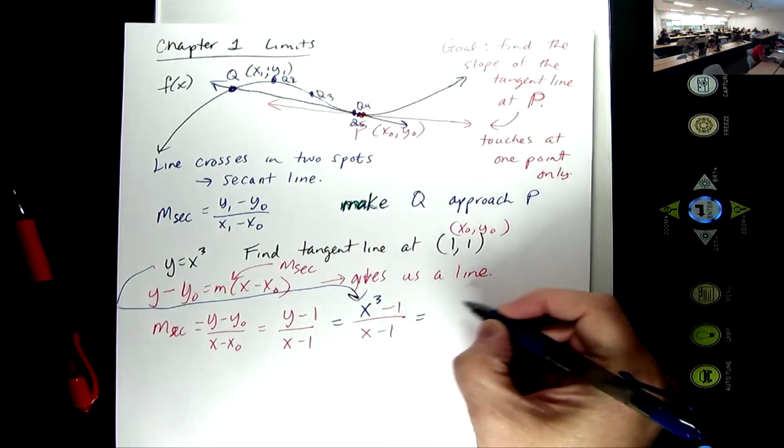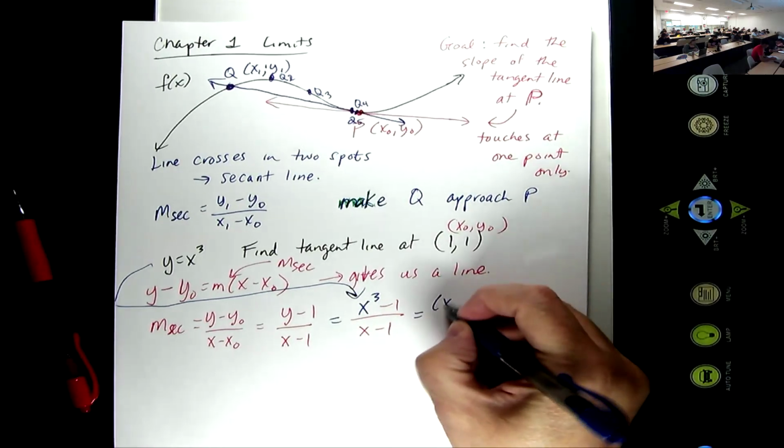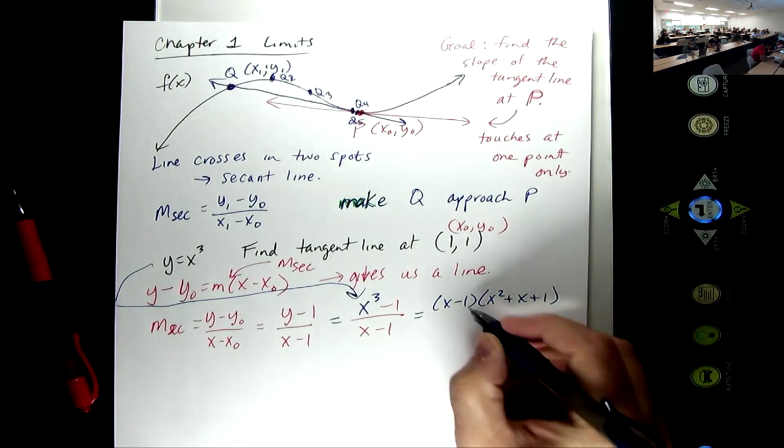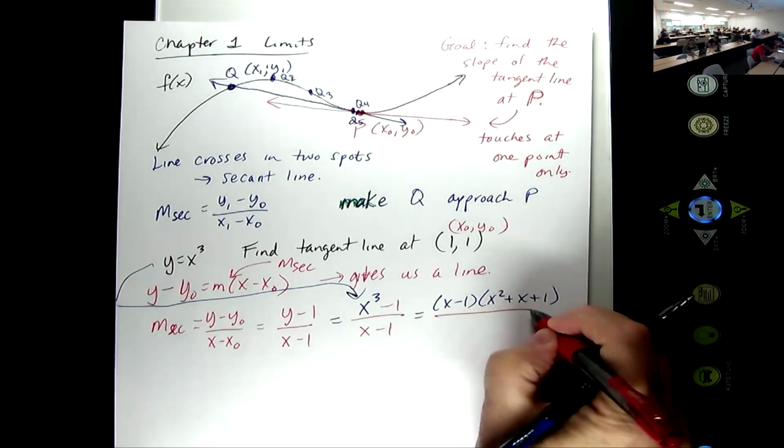And that actually factors, it's the difference of cubes. That's x minus 1 times x squared plus x plus 1. The bottom is still x minus 1.